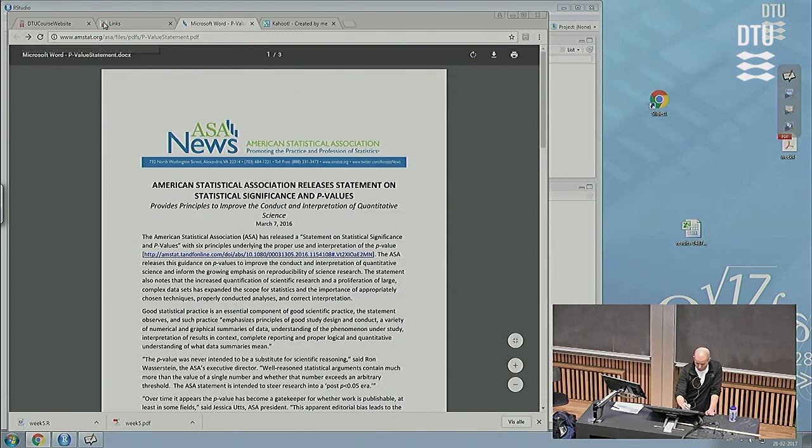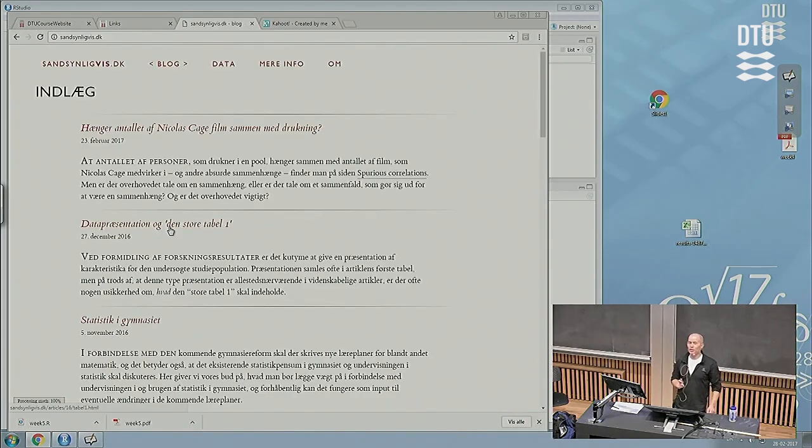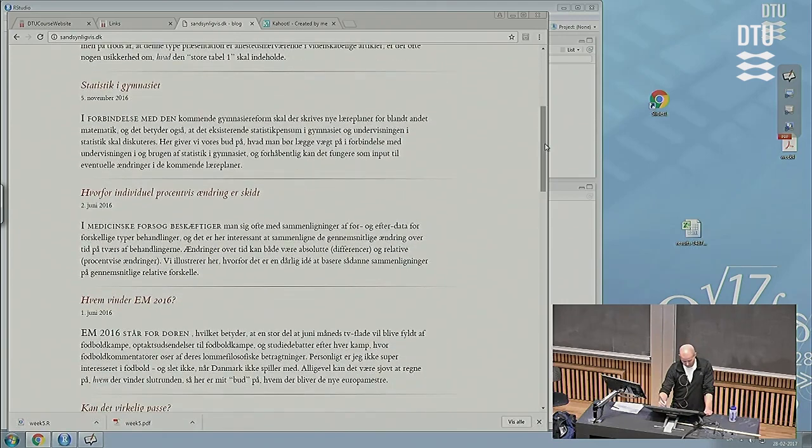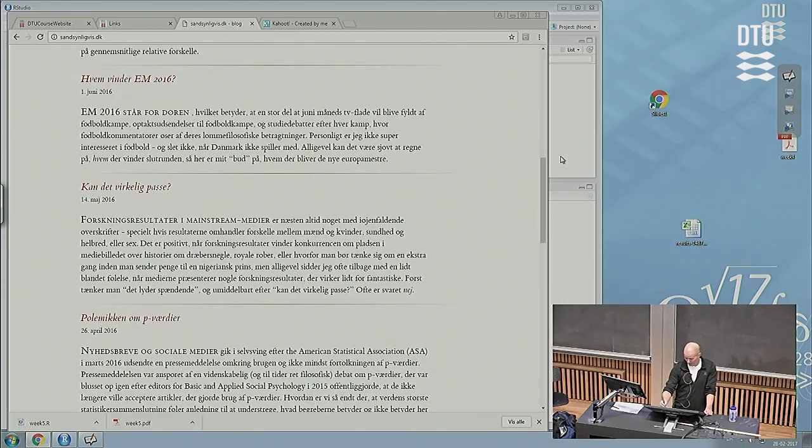Then I just wanted to share with you the last one here. This is Klaus, who was co-authoring the other one. He has his own little blog. He sits in the evenings and shares really nice inputs and goodies about probability and stats. There is the number of Nicolas Cage movies related to drinking, statistics in high school, and who's going to win the European Championships 2016?